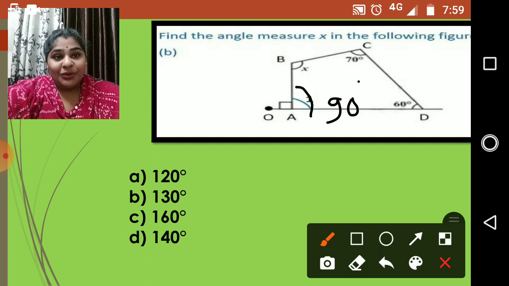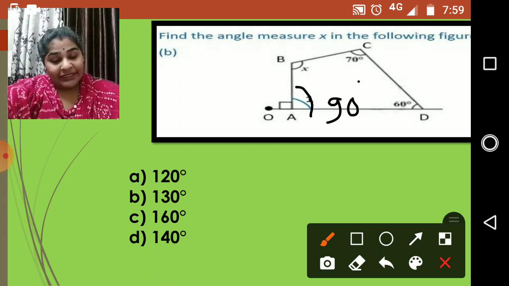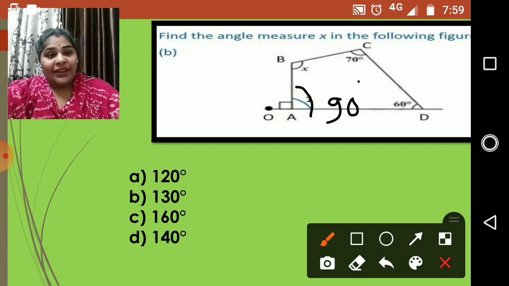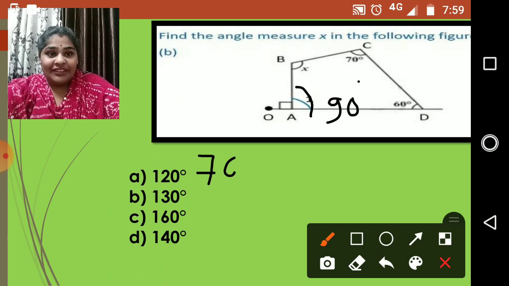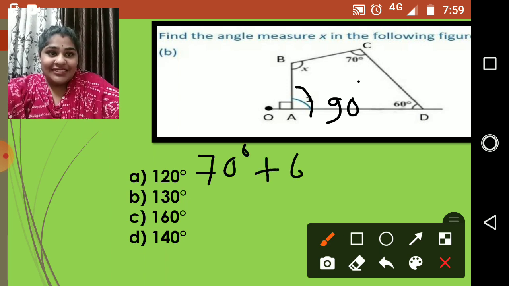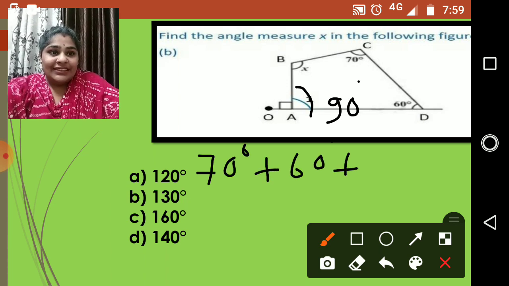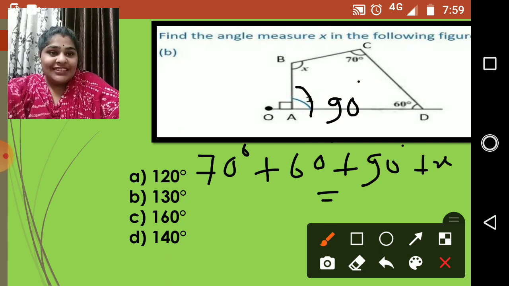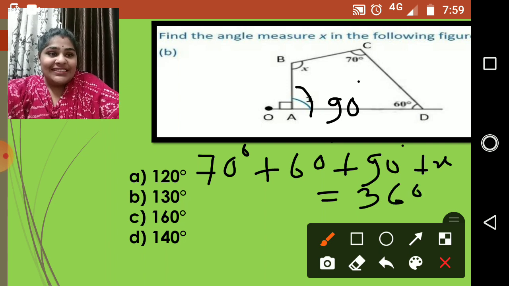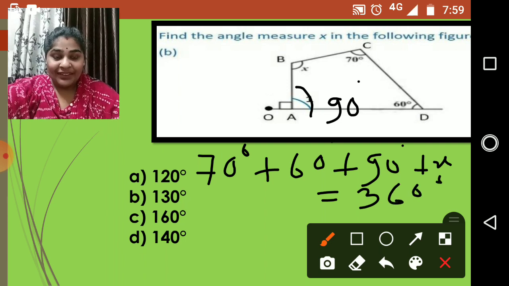So now I know the property of a quadrilateral, that the sum of the interior angles is equal to 360 degrees. So now I can write here 70 degrees plus 60 degrees plus 90 degrees plus x is equal to 360 degrees, right?